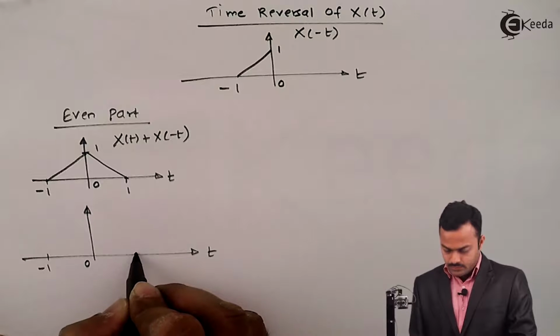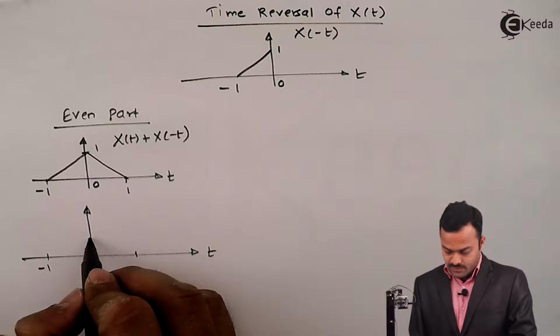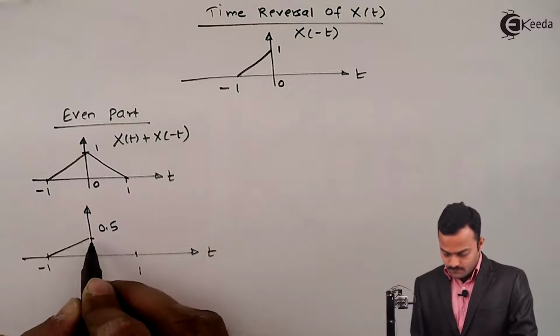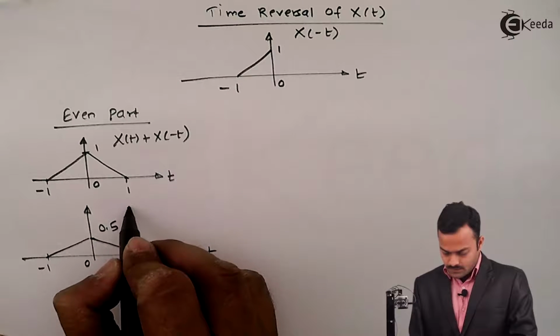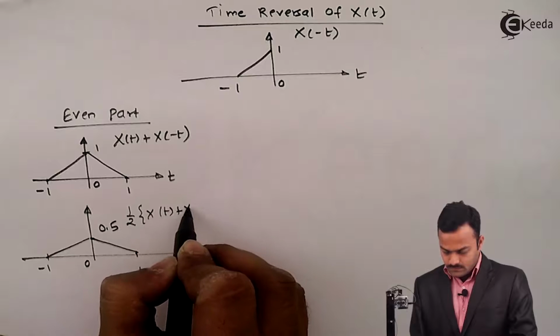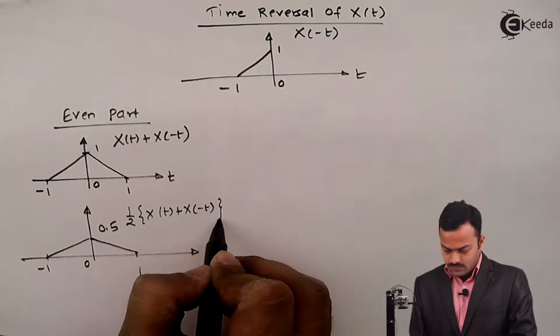Dividing by 2 means just the amplitude will change from 1 to 0.5. So it's the even part.